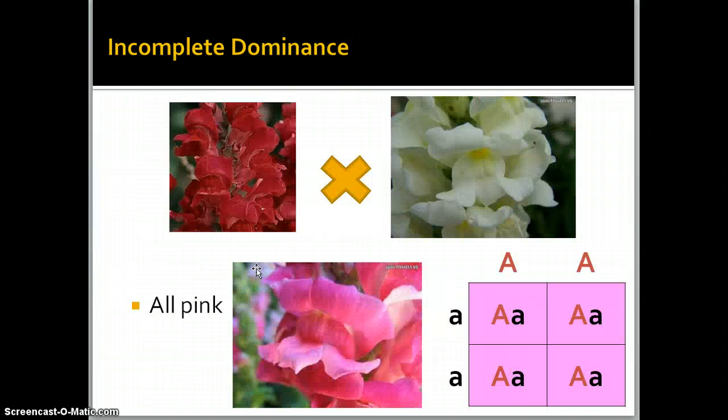With incomplete dominance, if you cross a red parent that's homozygous with a white parent and you see all pink offspring, an intermediate, this is incomplete dominance. Each parent is passing on one allele. This parent's passing on red, this parent's passing on white, and the offspring have this in-between phenotype. They appear to be pink.